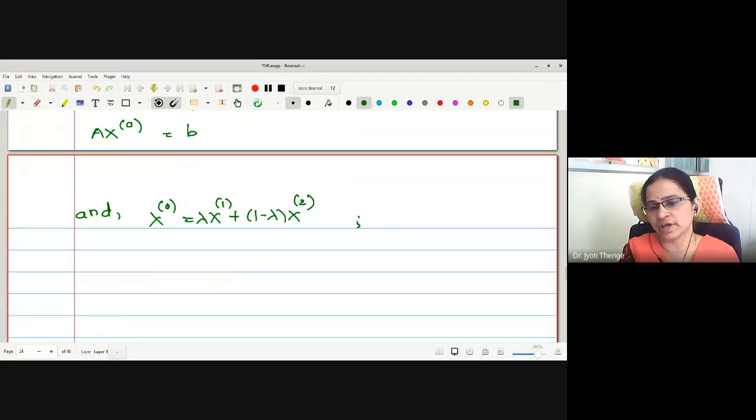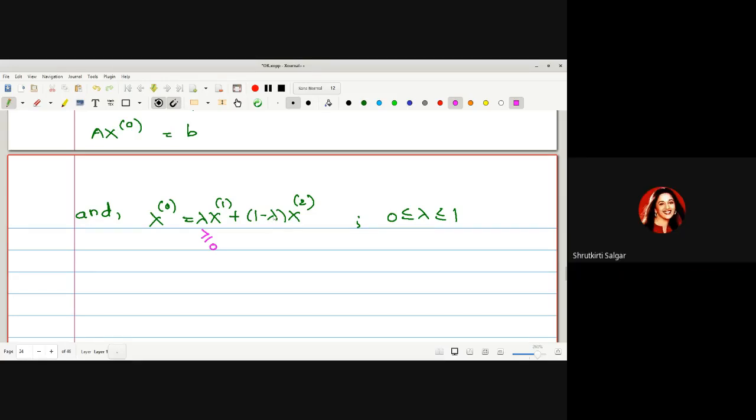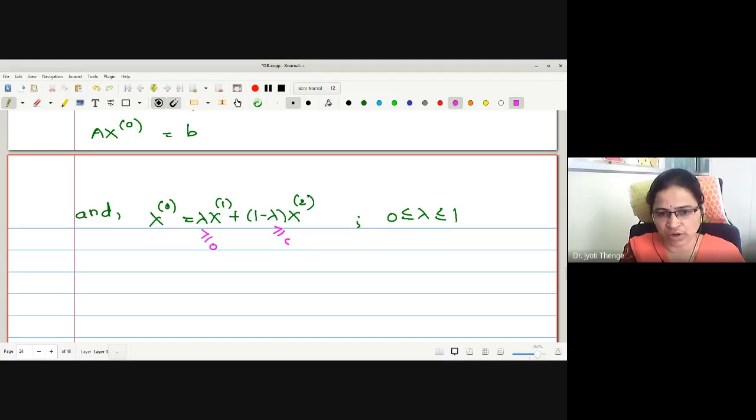As the lambda values lie between 0 to 1, is lambda non-negative? Lambda is non-negative. What about 1 minus lambda? Is it non-negative or not? Yes, it is also non-negative. What about x1 and x2?